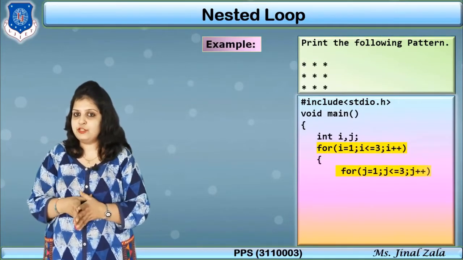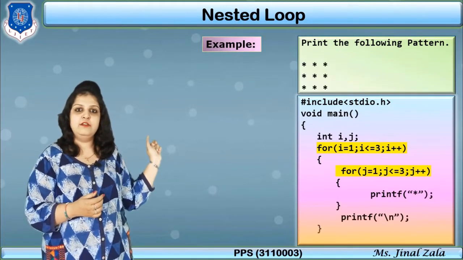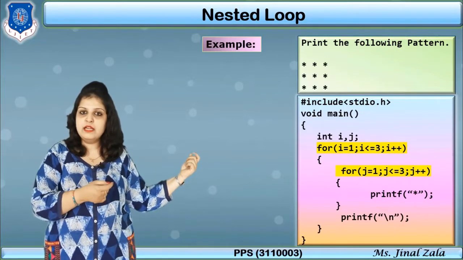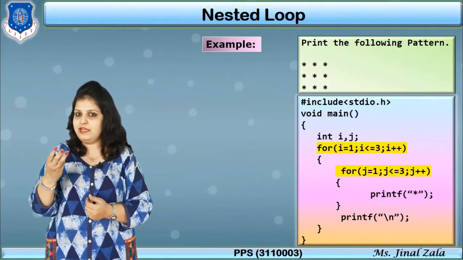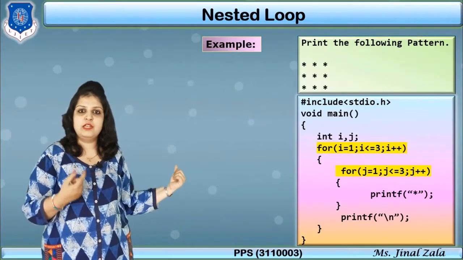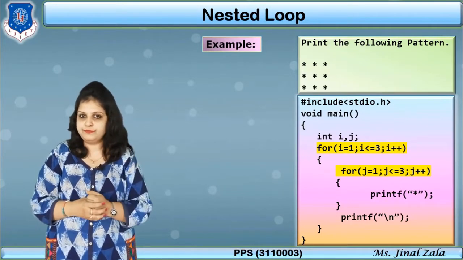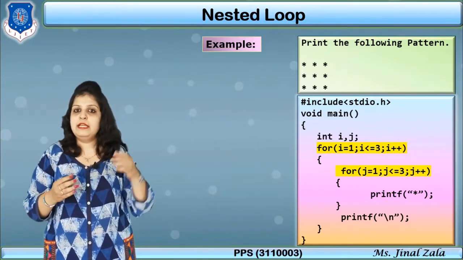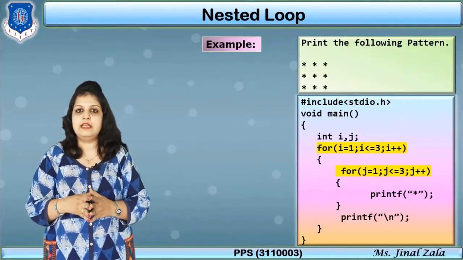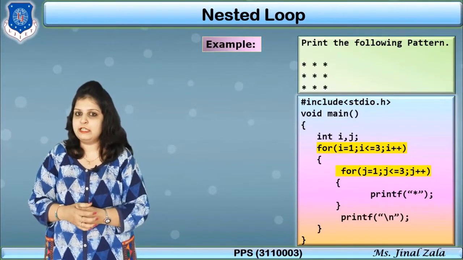What is the range for both loops? We have to print 3 rows and 3 columns. So the first for loop is i equal to 1, i less than or equal to 3, because I want to execute this loop 3 times. In the same way j equal to 1 and j less than or equal to 3, because there are 3 columns. In the body we simply write one printf statement, and in this printf write the star sign, because we want to print the star.